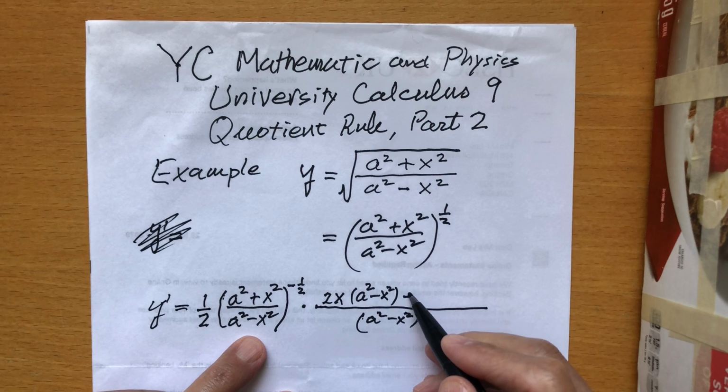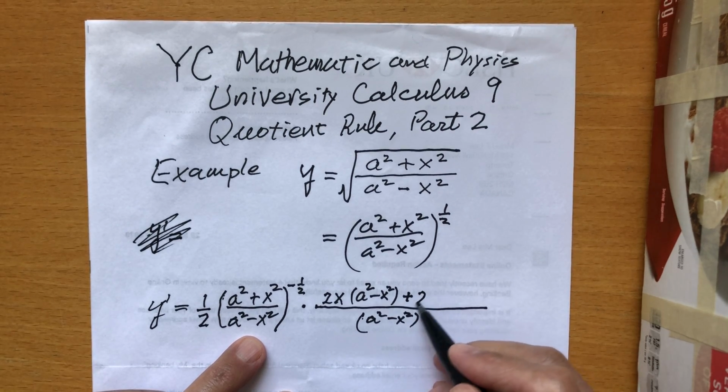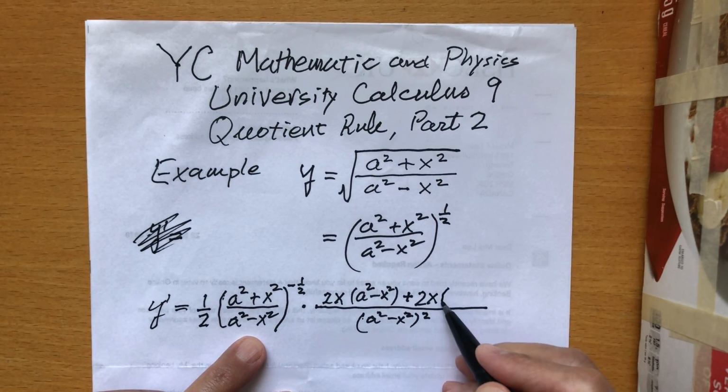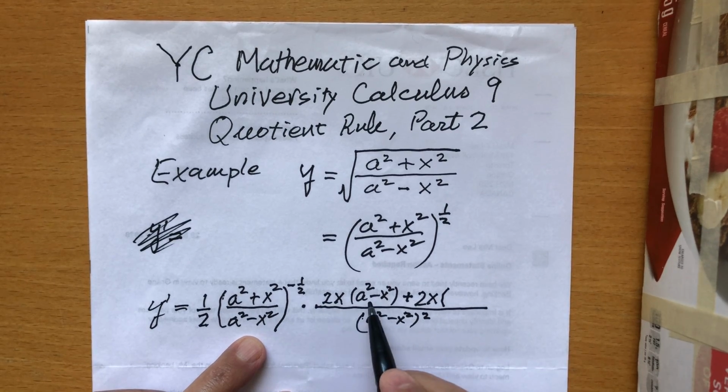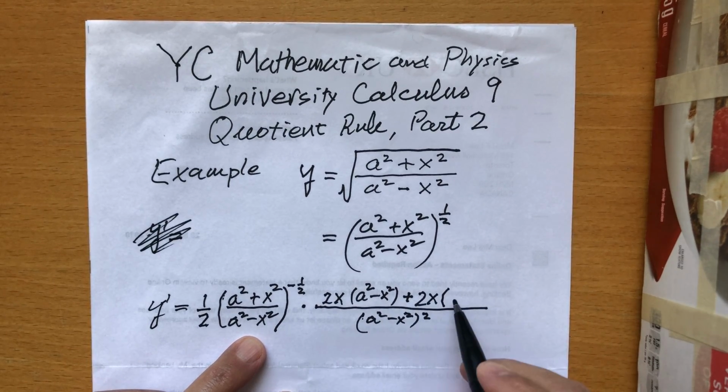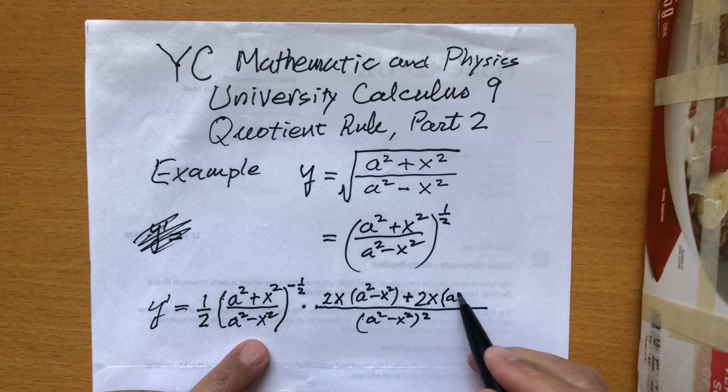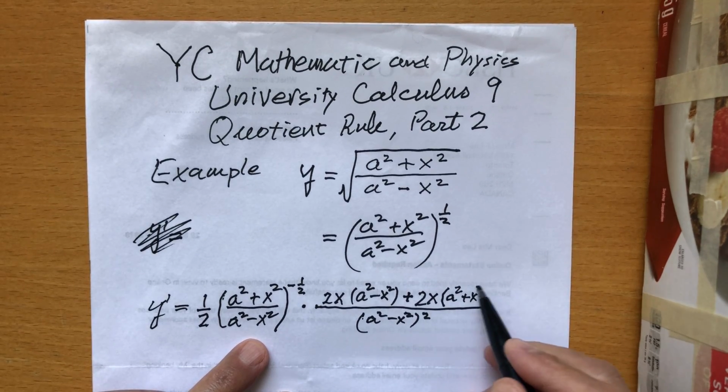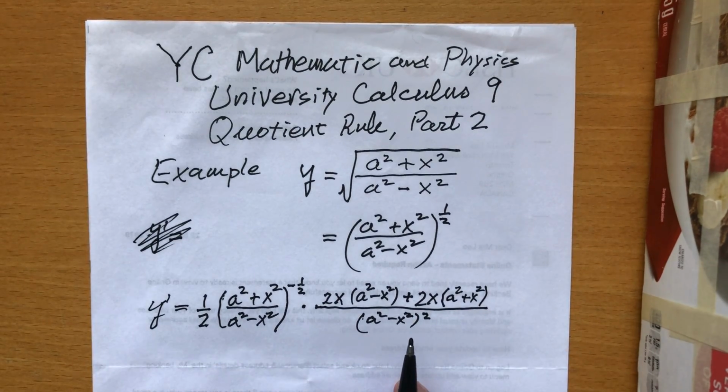So negative becomes plus. So 2x. So this is my derivative.